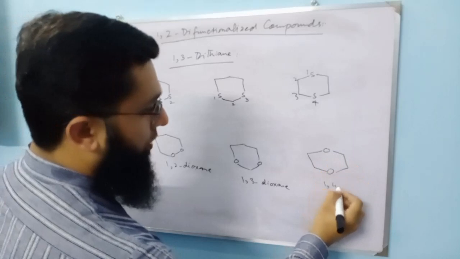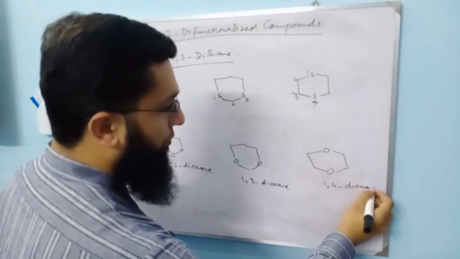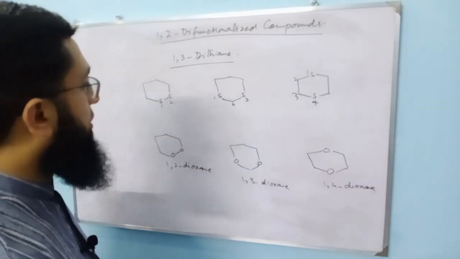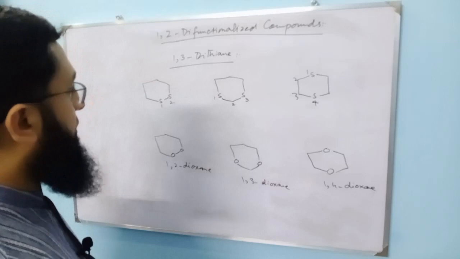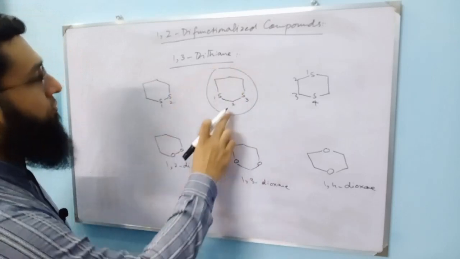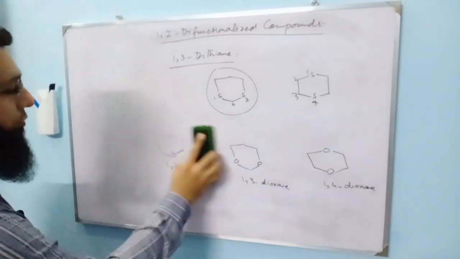And I hope you are well familiar with 1,4-dioxane because it is used in organic reactions as a solvent. But our concern is about 1,3-dithiane, so I just remove the others.